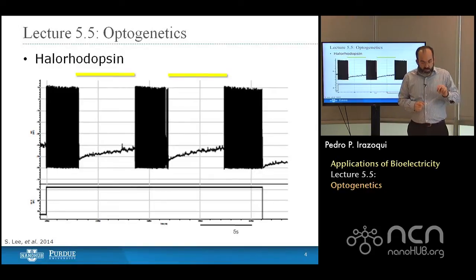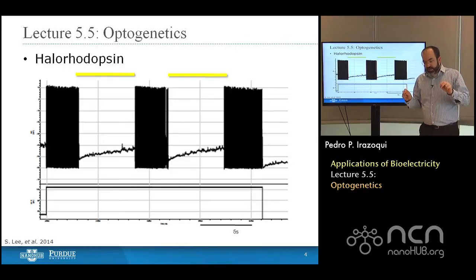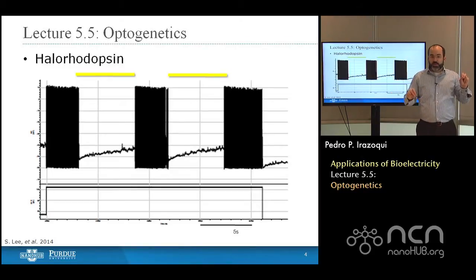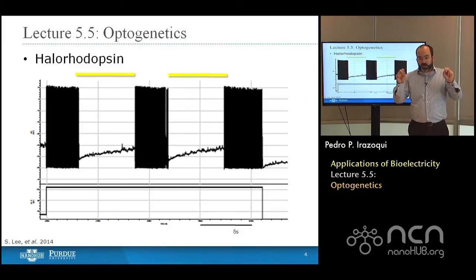Now you can inject one virus over here in the brain, and you can inject the other virus over here, and only those cells which go from here to here will receive the genetic information to become optogenetic. So now you can isolate a particular tract in the brain, so a particular projection from one part of the brain to another part of the brain. And when you shine a light on the whole surface of the brain, only those neurons in that projection that you're interested in will be affected.